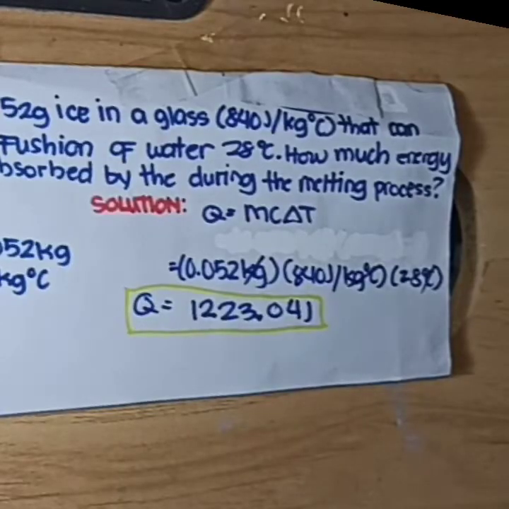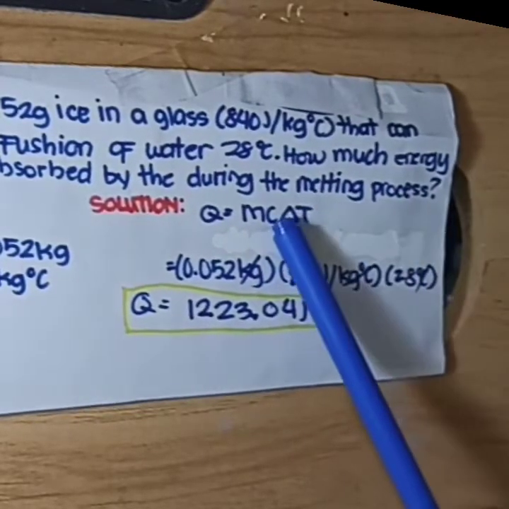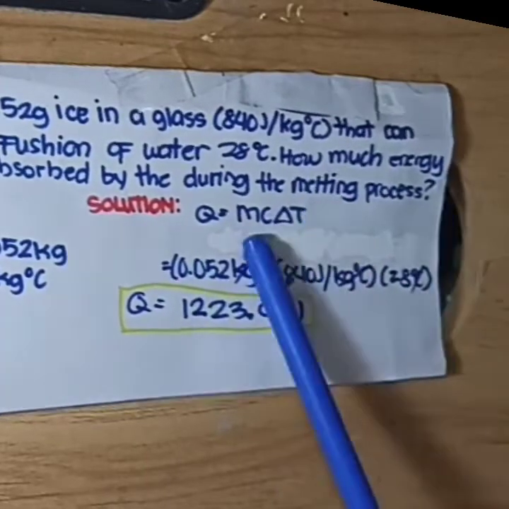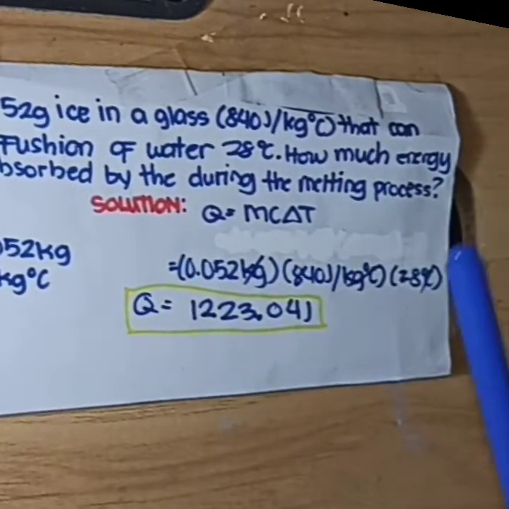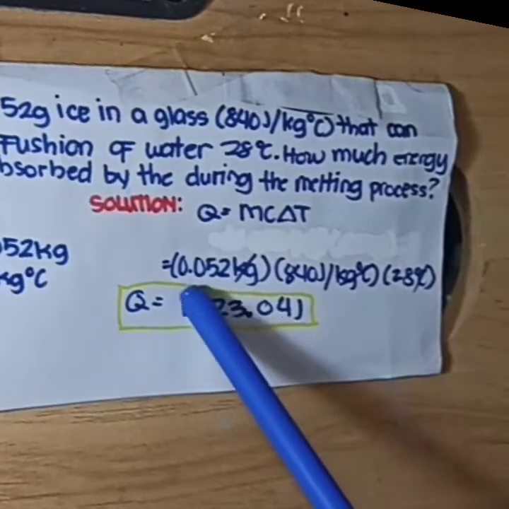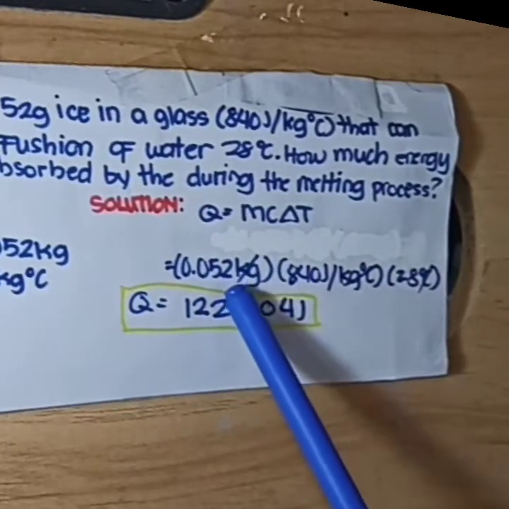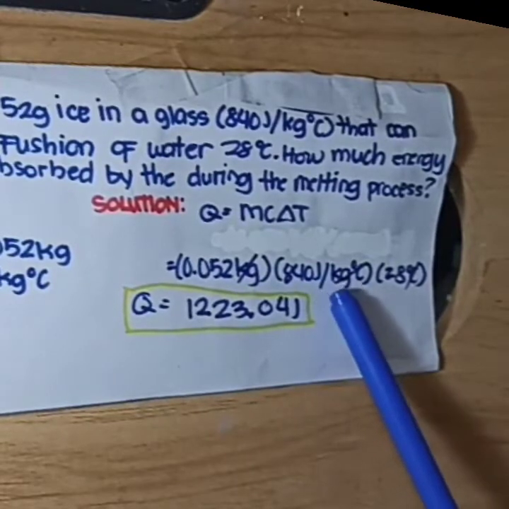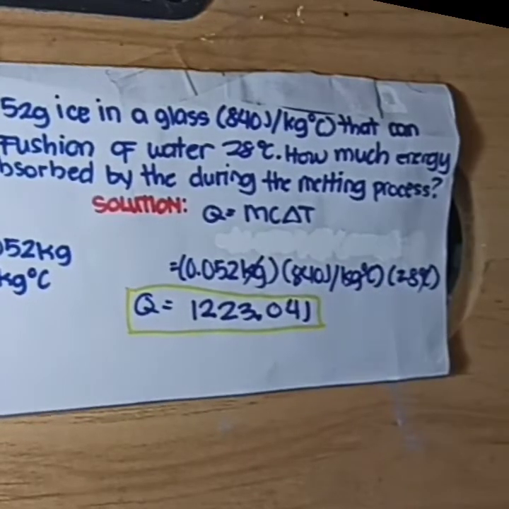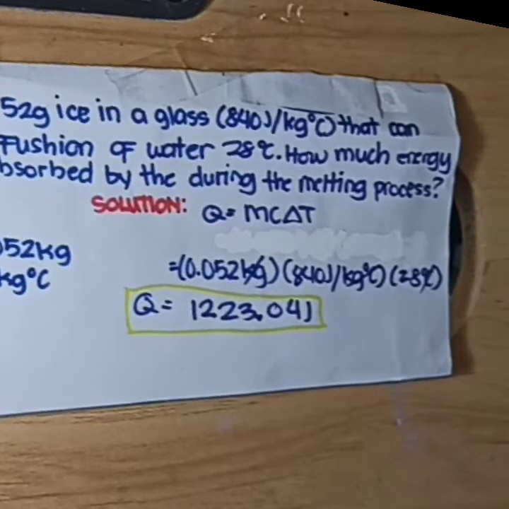So the formula for getting the heat is equal to mass times specific heat times change in temperature. So first we're going to write the given. So the given is 0.052 kilograms times 840 joules per kilogram degrees Celsius and times 28 degrees Celsius.